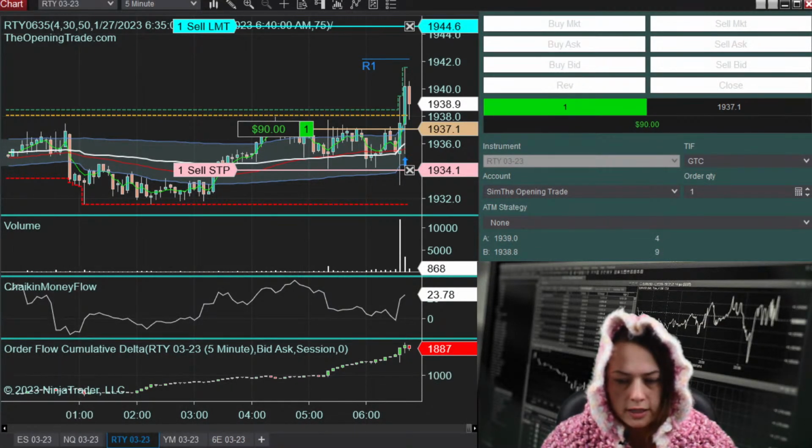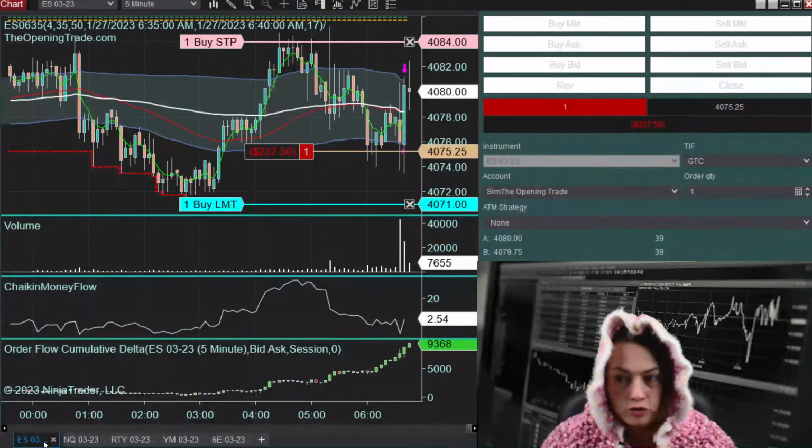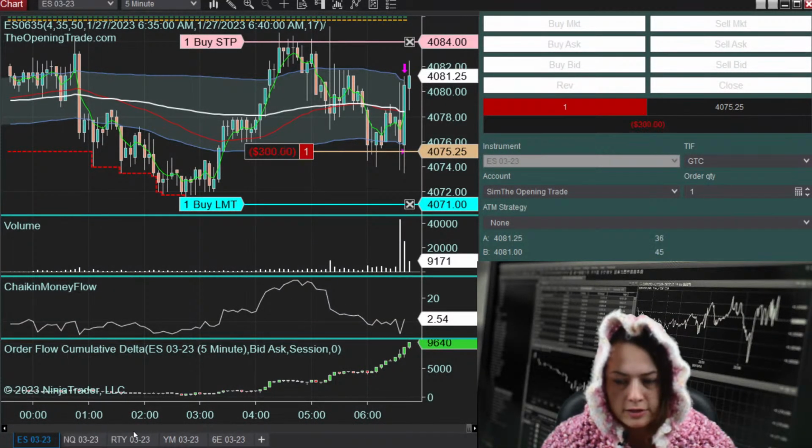We are still in an automated trade, two of them actually. This is the S&P 500. I'm trying to figure out what it is doing. It's being disgusting, that's what it's doing.